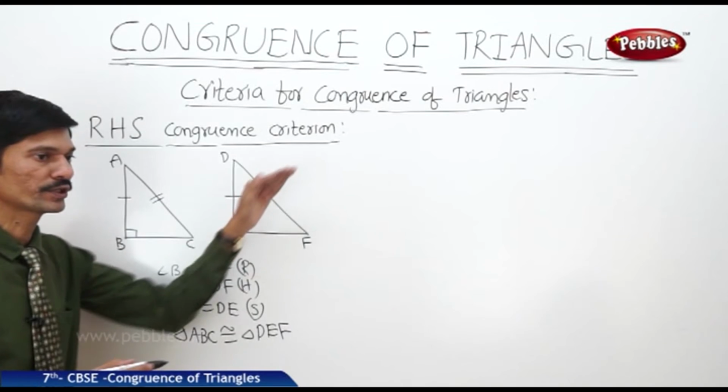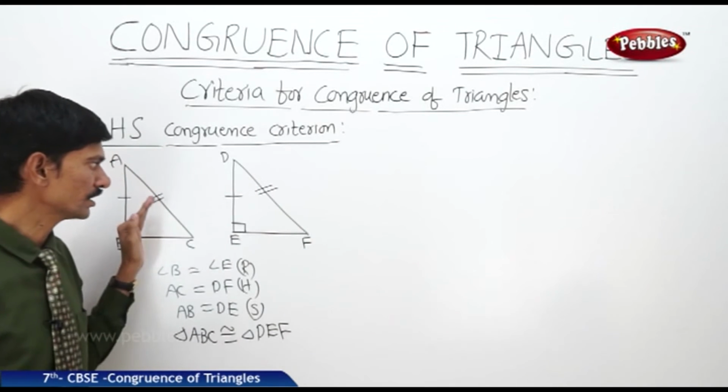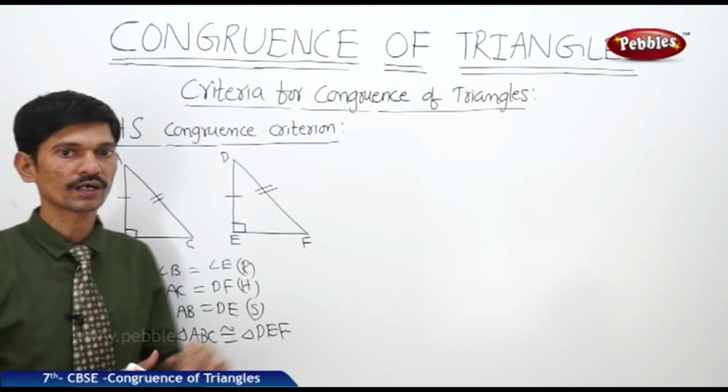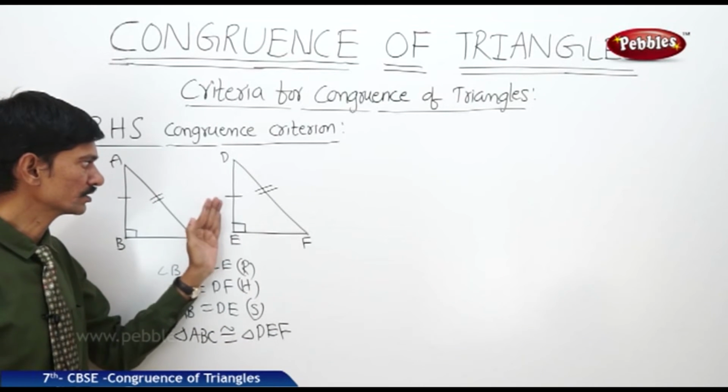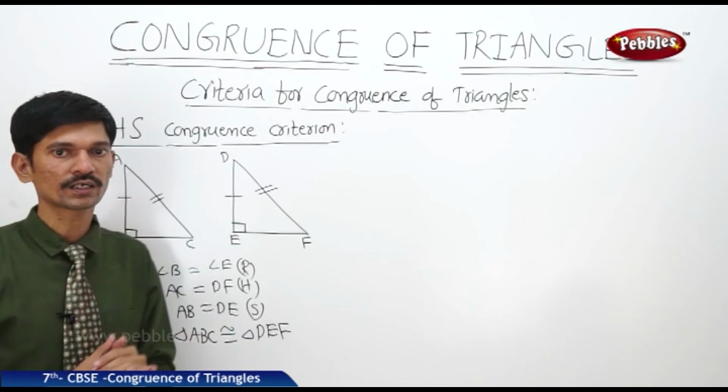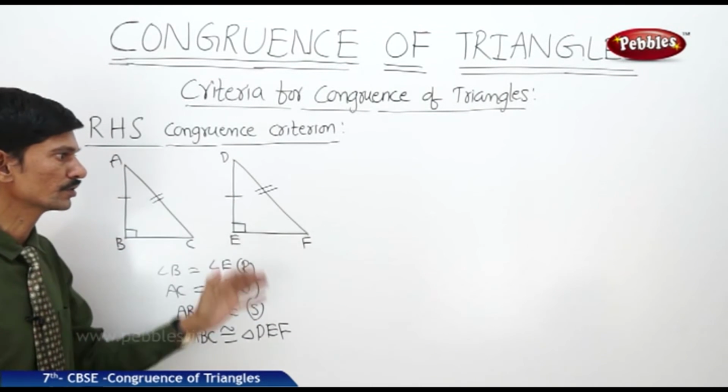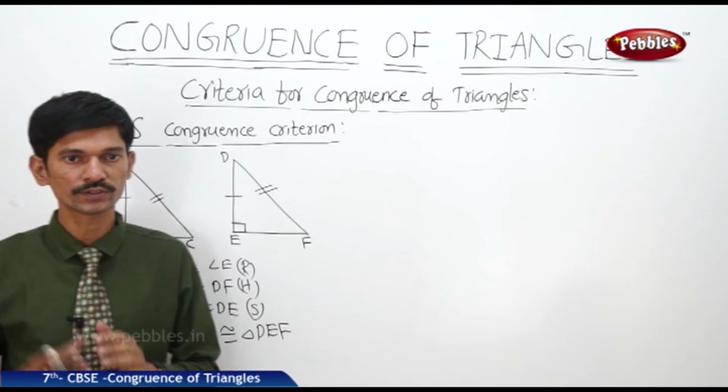So if the hypotenuse and one side of a right angle triangle are respectively equal to the hypotenuse and one side of another right angle triangle, then we can say that the two right angle triangles are congruent to each other.